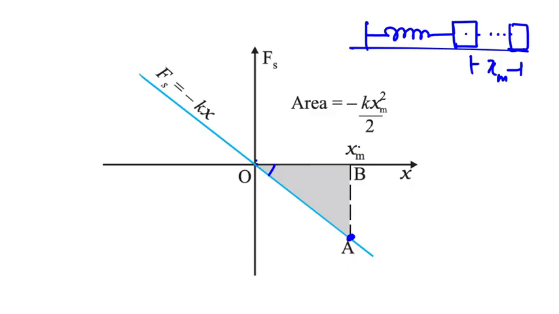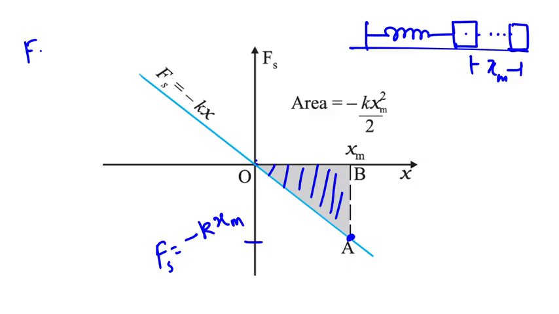So with this displacement, let's say here the force is minus k times xm. And then this shaded area will be, you know, a geometrical representation.